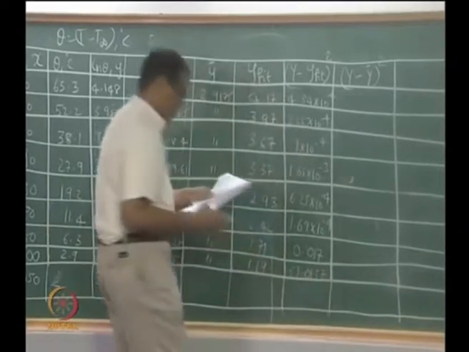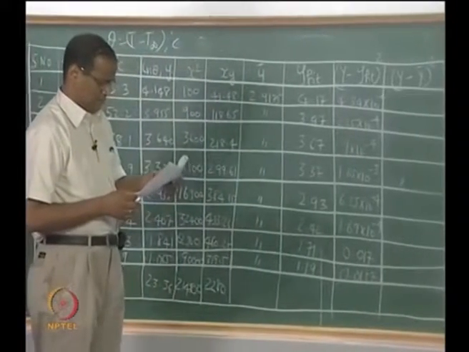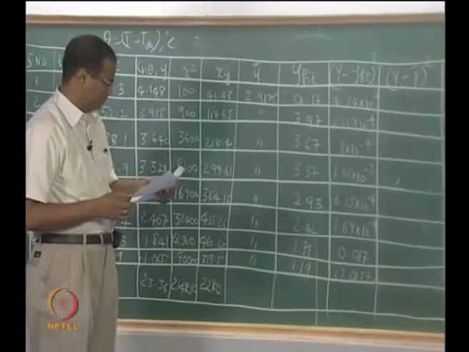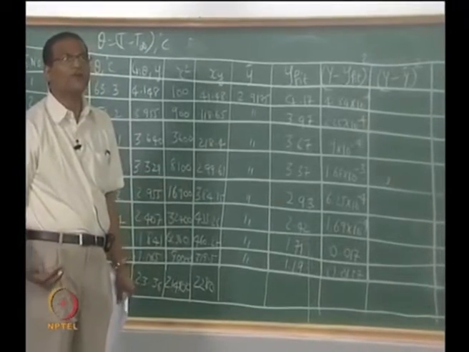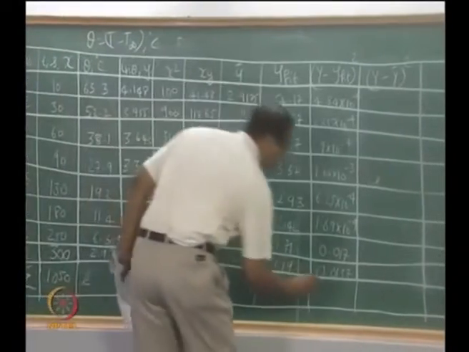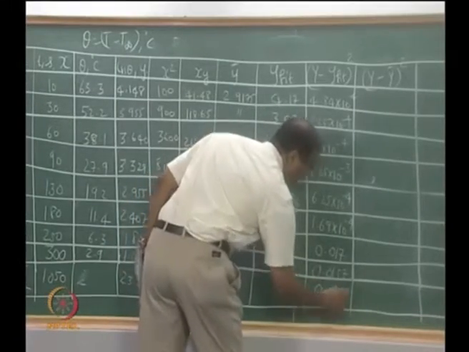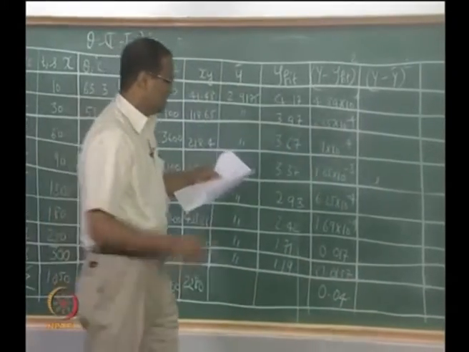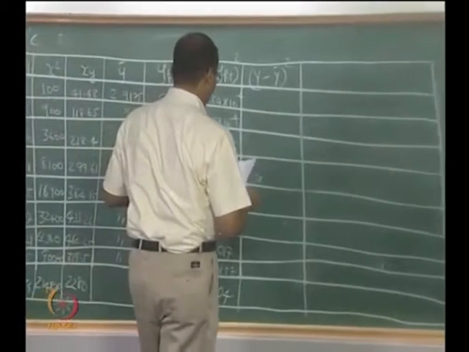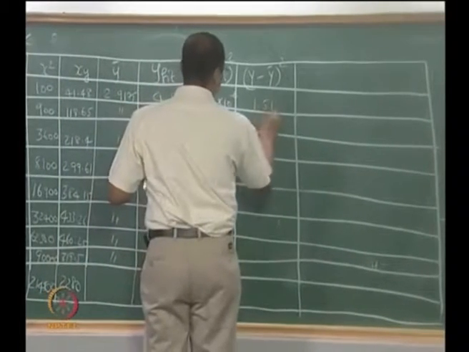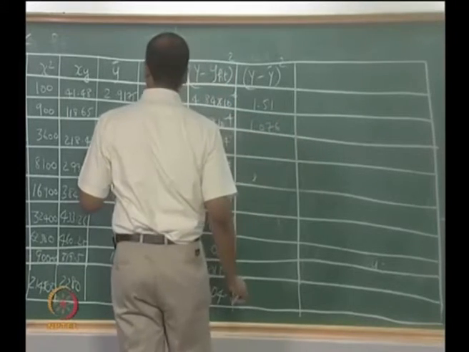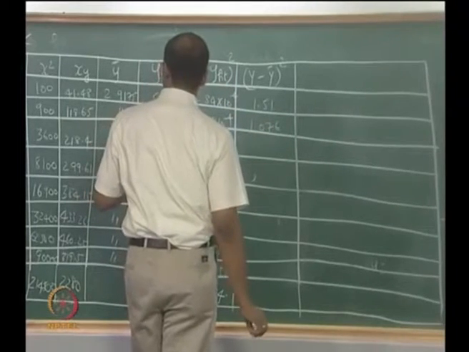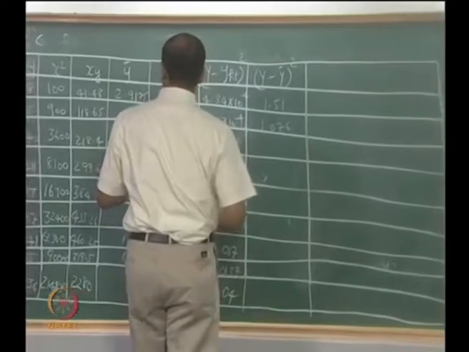Yeah, get the sigma. Point not 5, not 4. How much is it? Not 4. Good. Now Y minus Y bar is easy. 1.51. Is it correct?